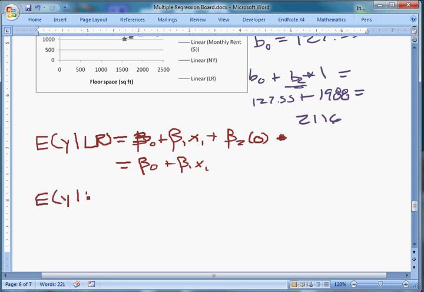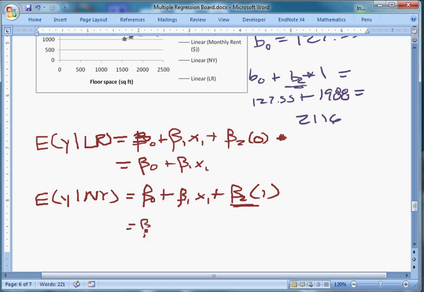Well, on average, a New York apartment is going to have this as its conditional mean function, the same thing as Little Rock, plus beta 2 times 1, right? Which means that this is just a fixed bump up. Now we can rearrange these terms if we want.